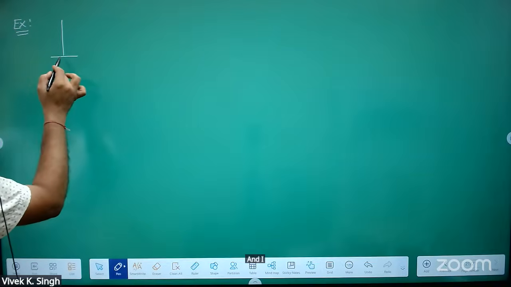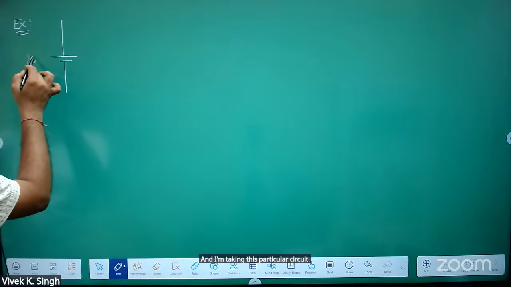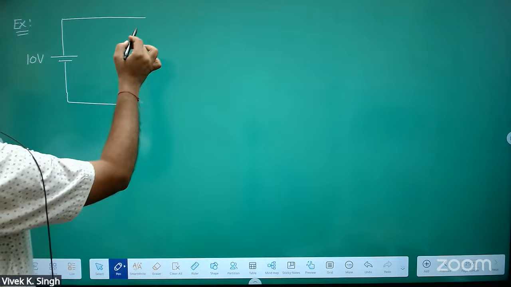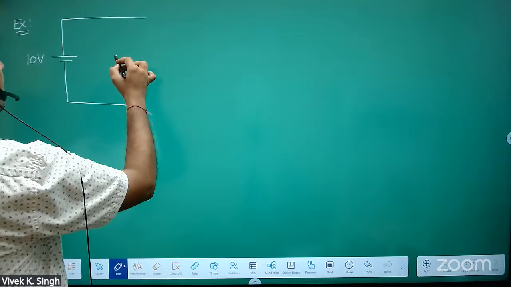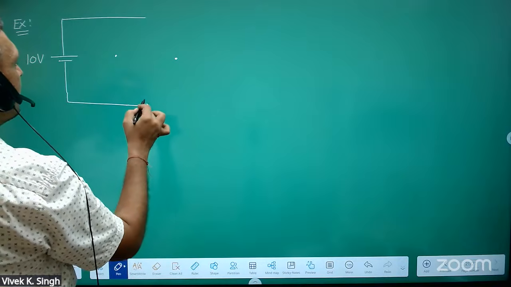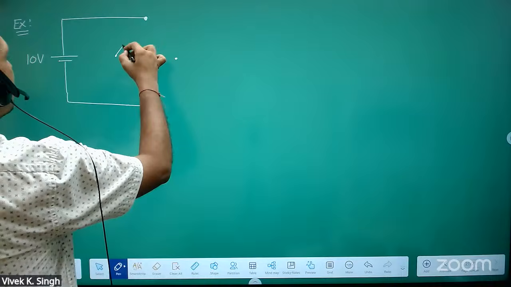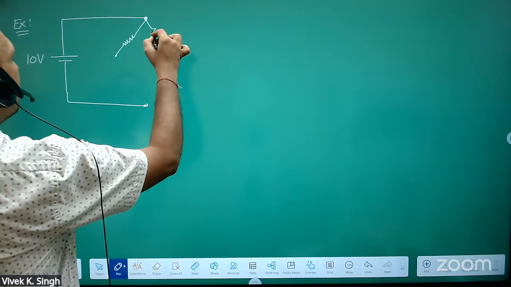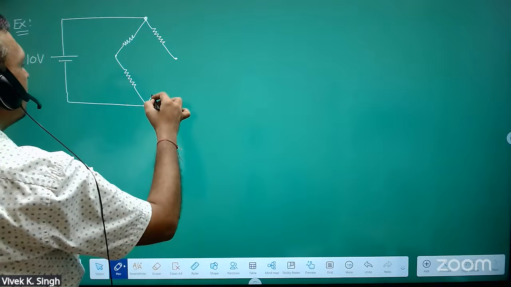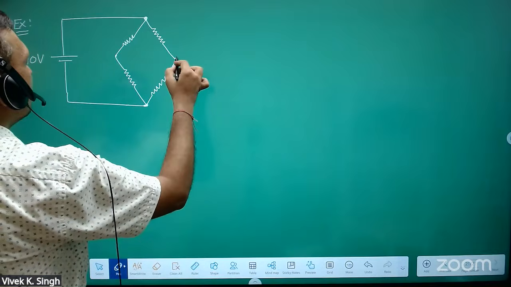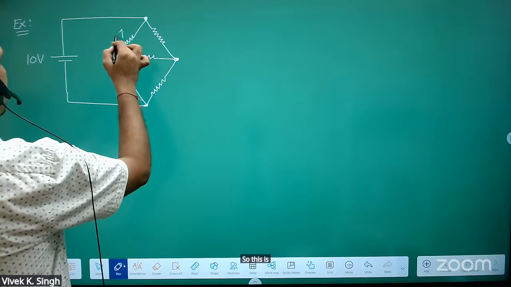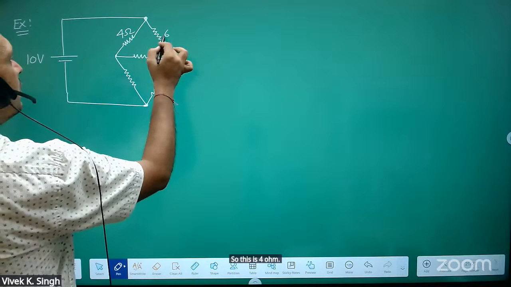And I am taking this particular circuit. This is 10 volt. So this is 4 ohms. This is 6 ohm.